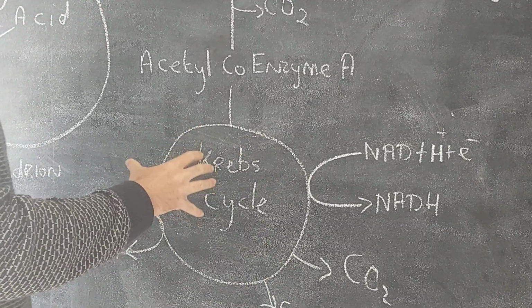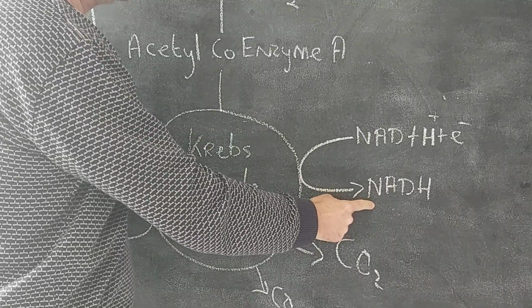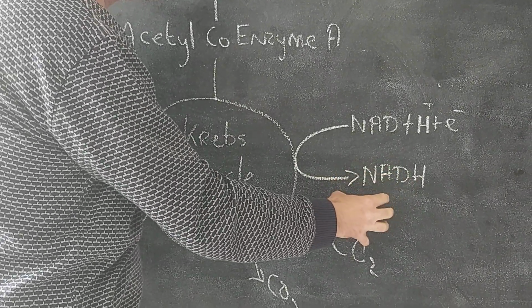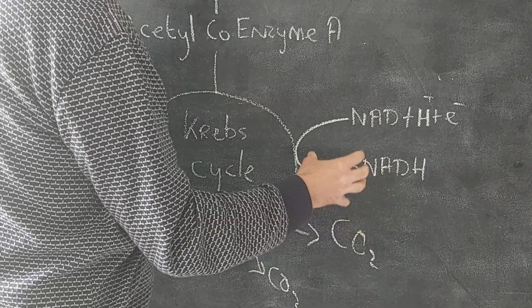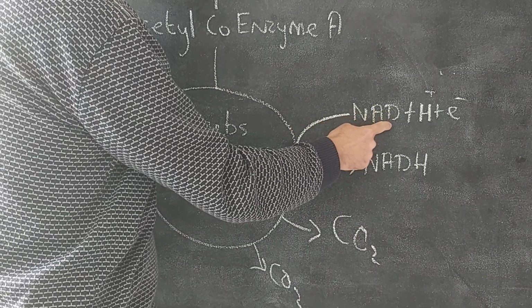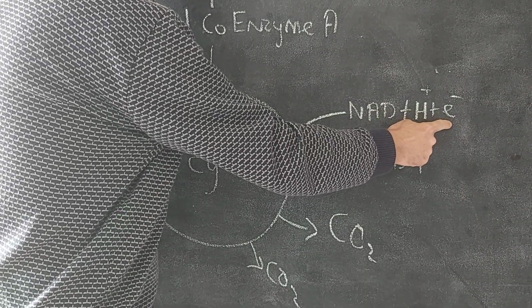Now what's happening during this cycle is this particular molecule called NADH is produced or formed. NADH is a coenzyme, and how this is formed is by combining NAD plus hydrogen plus electrons.